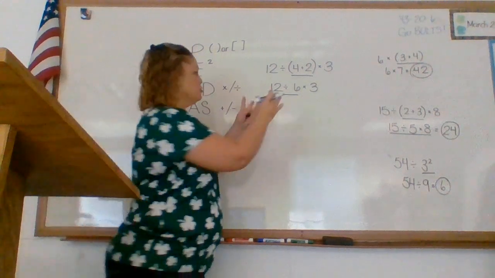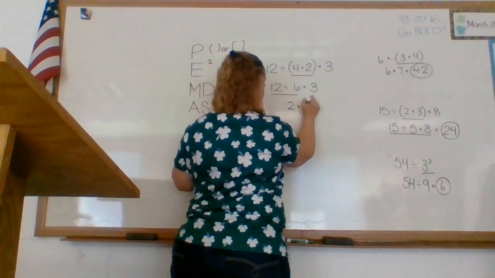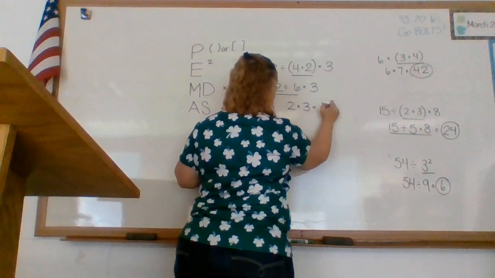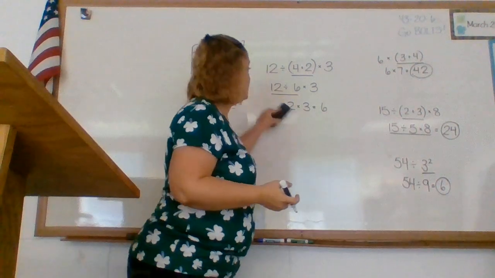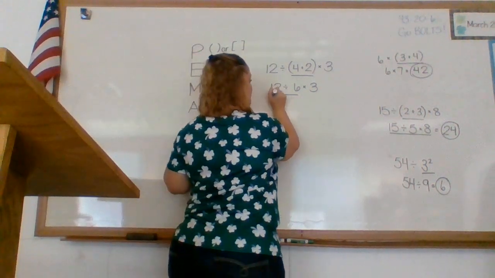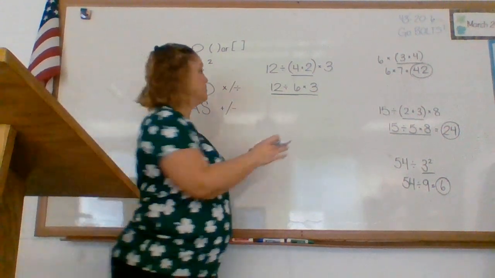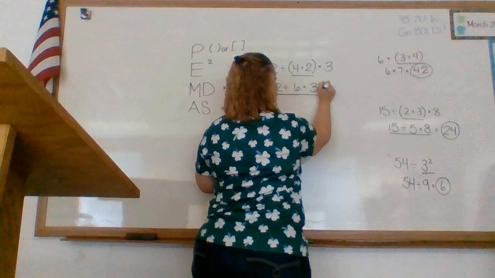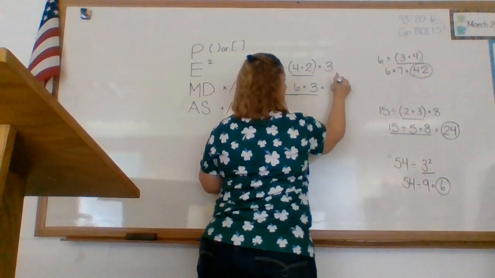If it helps you to solve this first, 12 divided by 6, and then do 2 times 3, because that's all you have left, that's fine. Or it's easy enough to recognize all I've got left is multiplication and division. They're a package deal. I go straight across. 12 divided by 6 is 2 times 3 is 6.